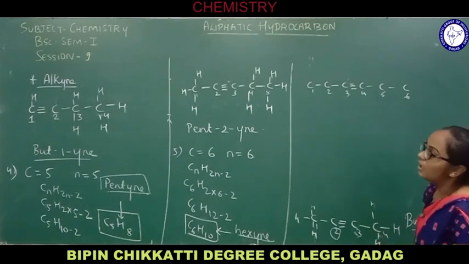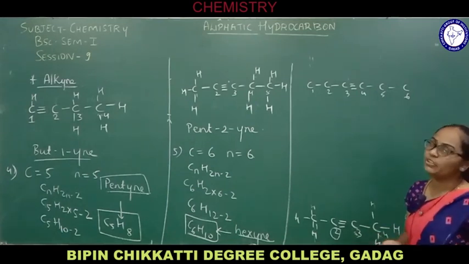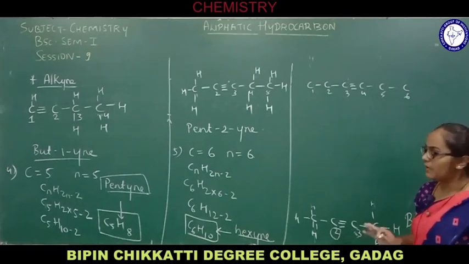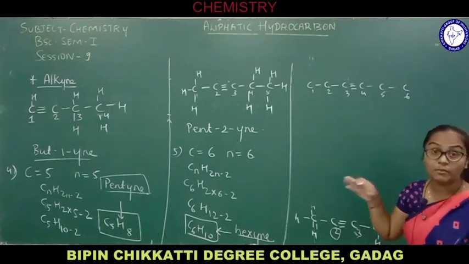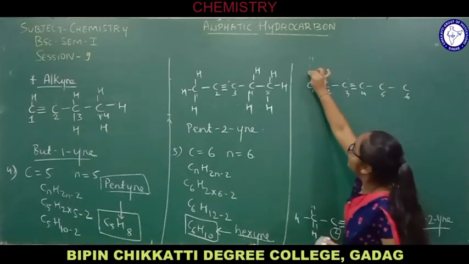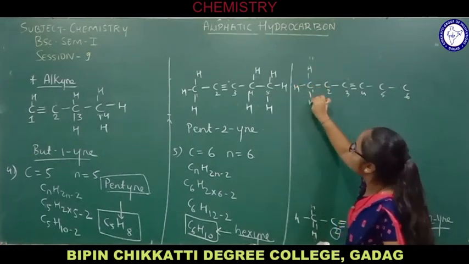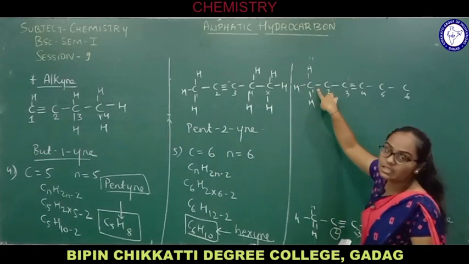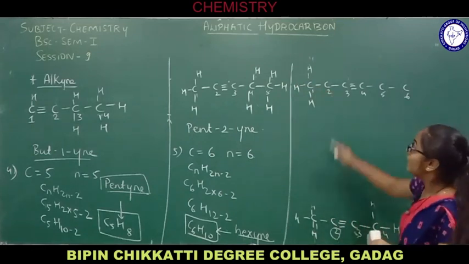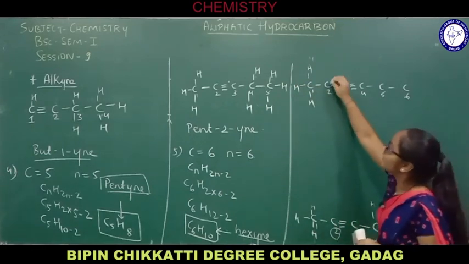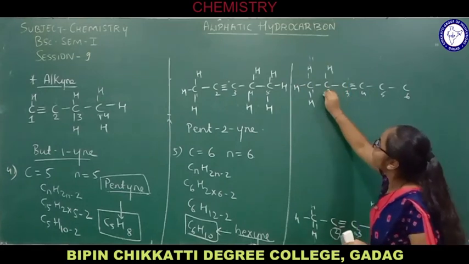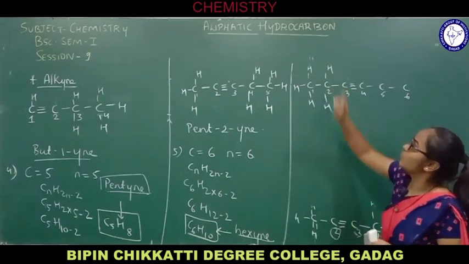Then the remaining valency will be satisfied by getting attached to the number of hydrogen atoms present in your molecular formula. The first carbon will attach to 3 hydrogen atoms. Why 3? You can see in the structure that one bond is already attached to the neighboring carbon. The second carbon will get attached to 2 hydrogens. You can see 4 valency.